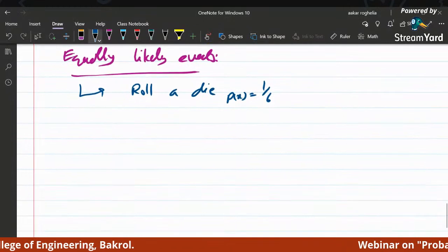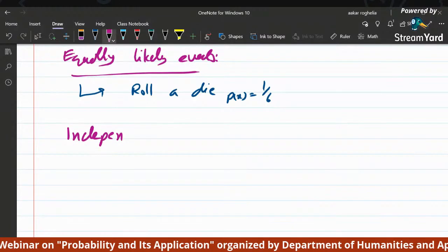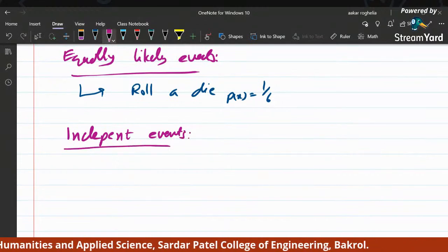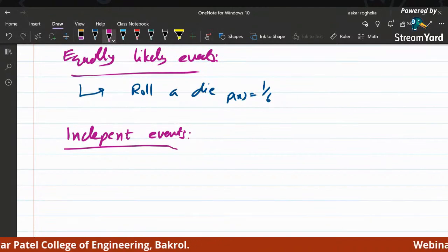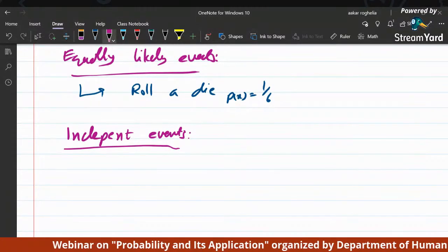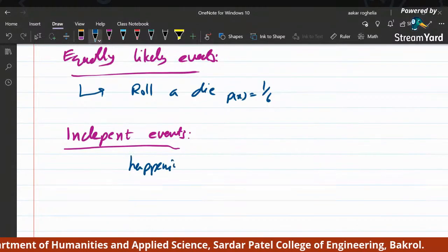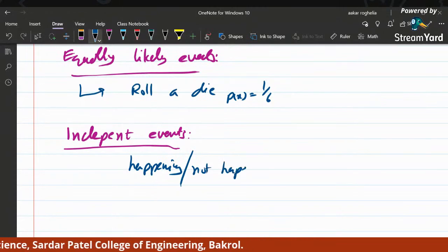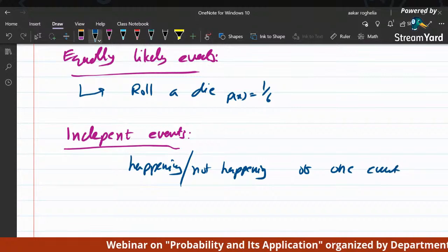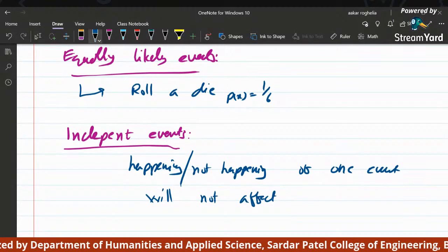But the main thing to define here is the last word of your unit number 1, independent events. Actually, there is one more word, dependent events, but we are very clear that the events which are not independent are called dependent. Two events are called independent if happening or not happening of one event will not affect the happening or non-happening of the second.